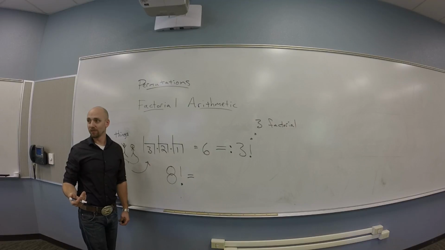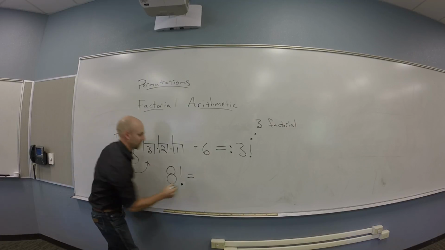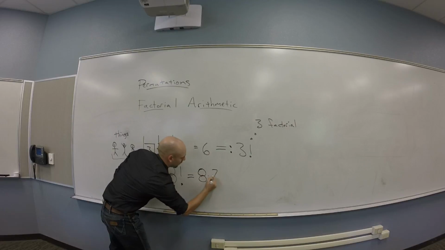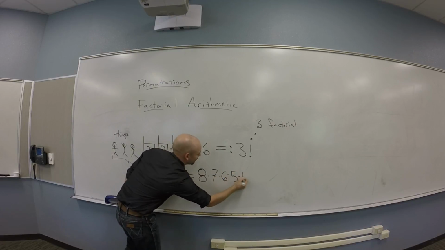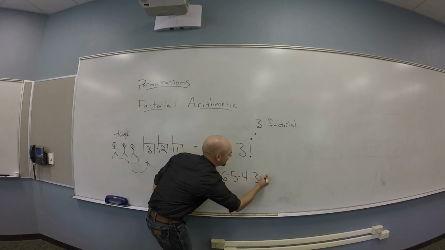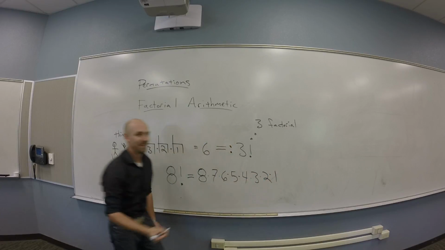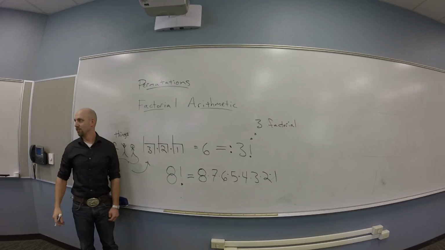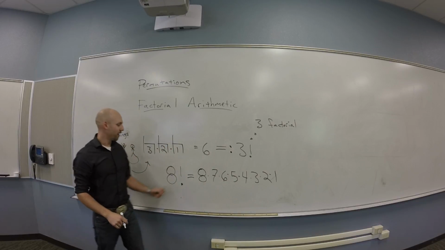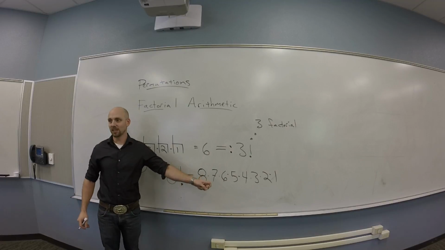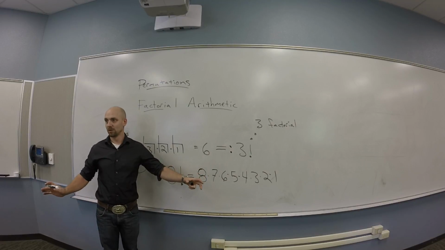So how many options are there for your first chair? 8 times 7 times 6 times 5 times 4 times 3 times 2 times 1. You got ahead of me counting, right? Alright, so lots, right? This is a short way for me to write down lots and lots of numbers. Cool?